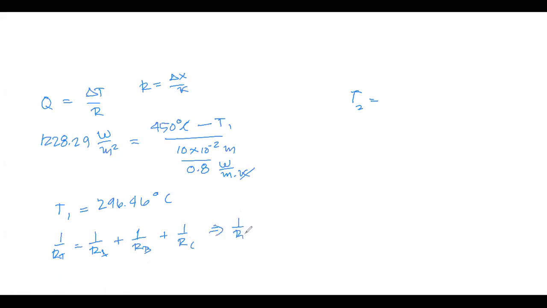So this is 1 over R total is equals to 1 over delta X. So delta X is 2 centimeter, 2 times 10 to the minus 2. Tapos K1 is 0.04.